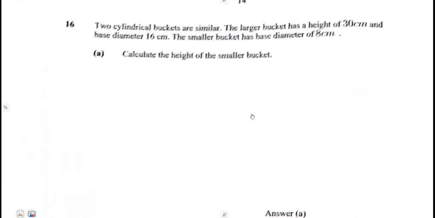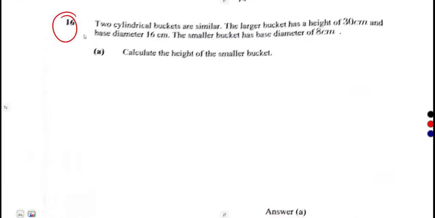All right. Number 16, we are given two cylindrical buckets. They are cylinders that we are referring to, all right, are similar. So this is part of your similarity. The larger bucket has got radius, height and diameter. So there is the larger and there is a smaller one.